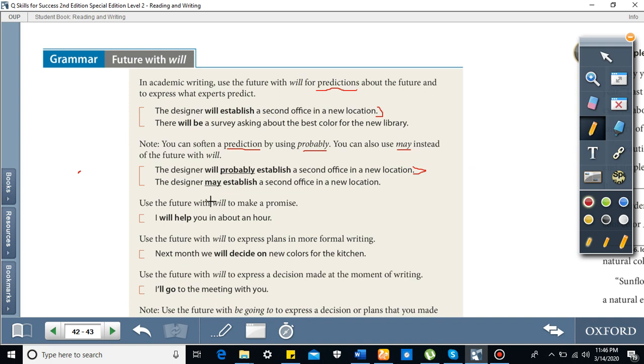You can also use will for promises. So here is a promise: I will help you in about an hour. For promises, you can use will.